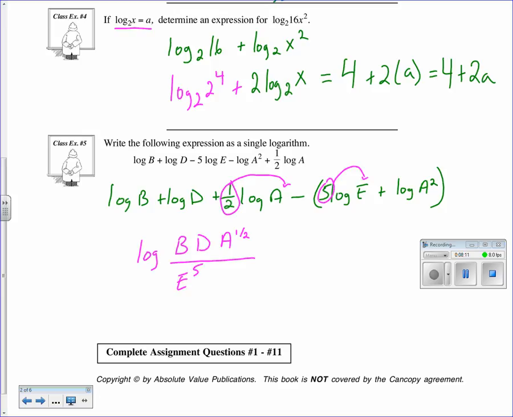I get e to the 5 and a squared, which means I've got a in the top and a in the bottom. I should be able to simplify using my rules for exponents, powers. That gives me a log BD. I've got extra a's in the bottom, so that's e to the 5a to the 3 over 2.